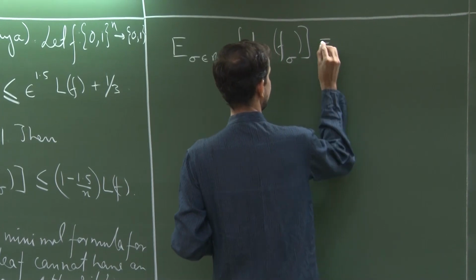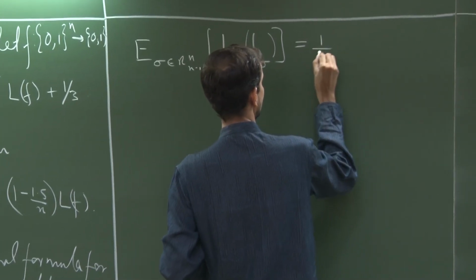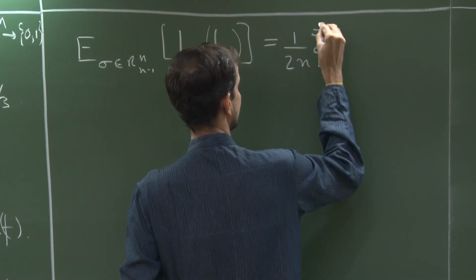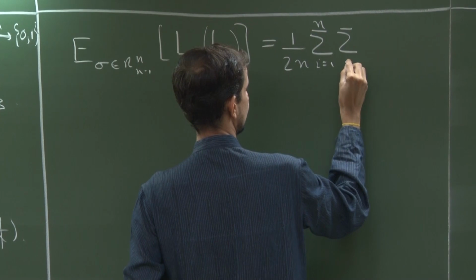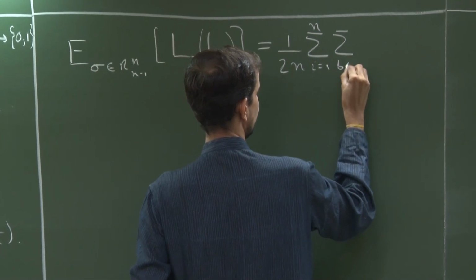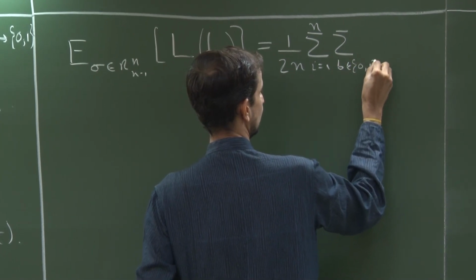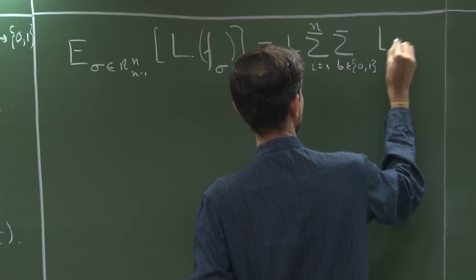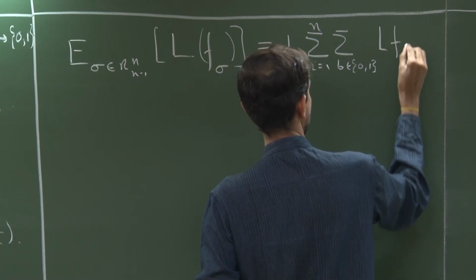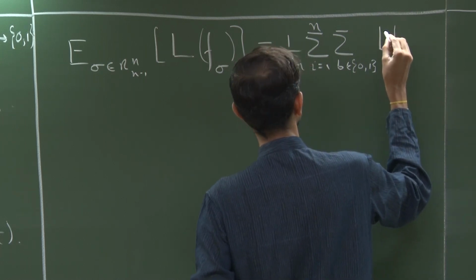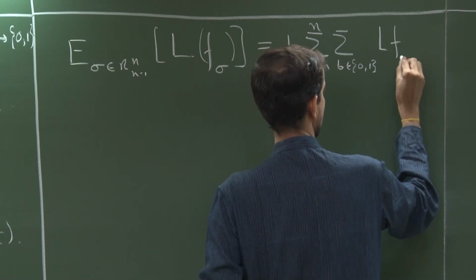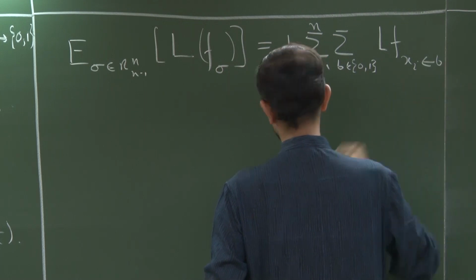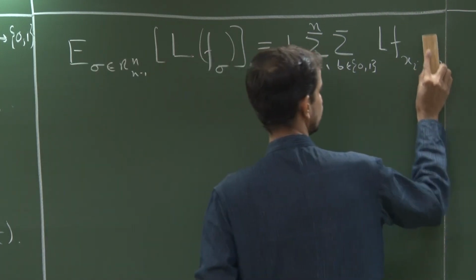So basically I can write this as 1 over 2 to the power n, sum over i going from 1 to n, sum over b taking a value either 0 or 1, of L of f where the variable xi takes the value b. This is just a notation that I am using.